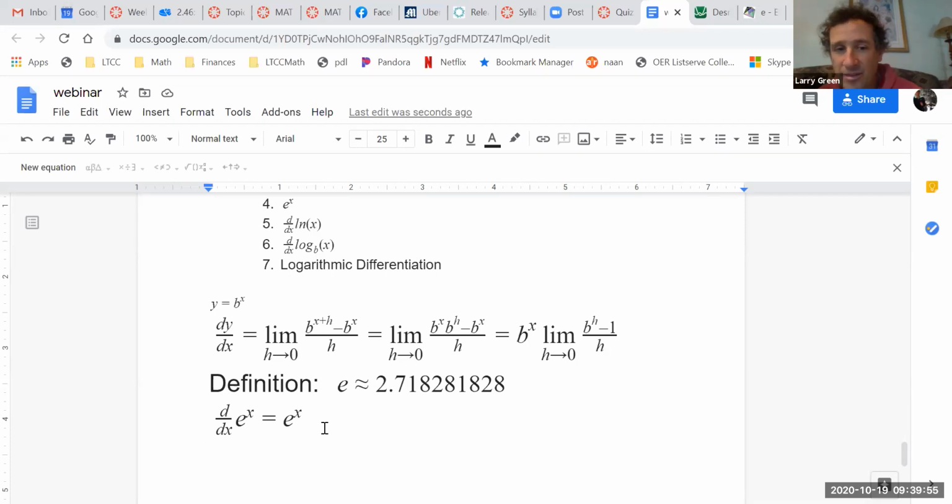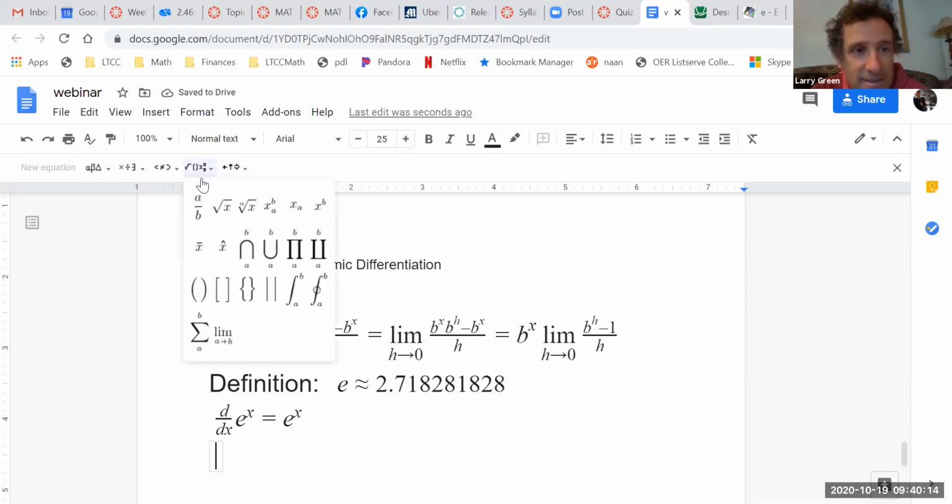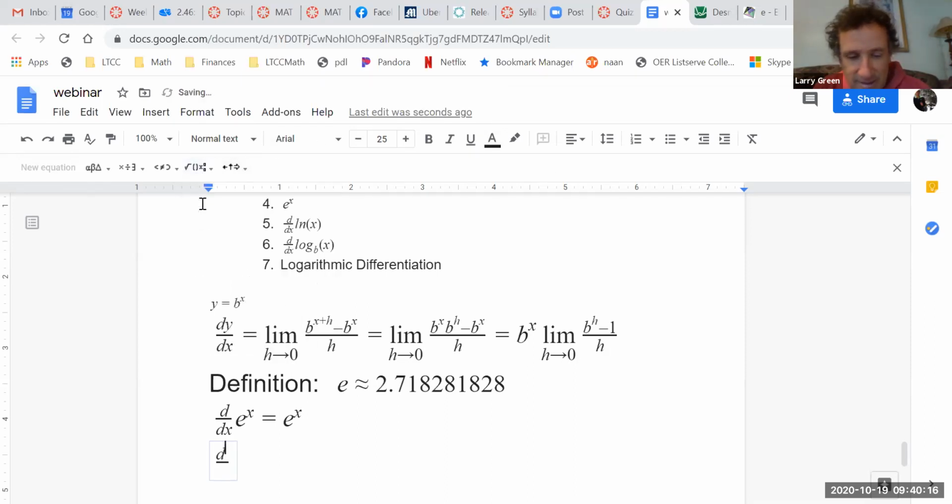Any questions on this? So, by the way, here's a really easy question, even though it looks hard. What is the 18th derivative of e to the x?